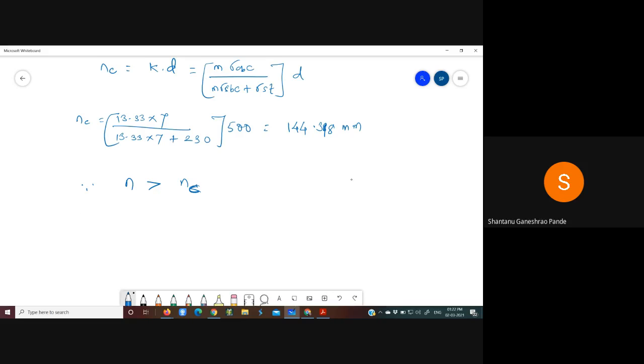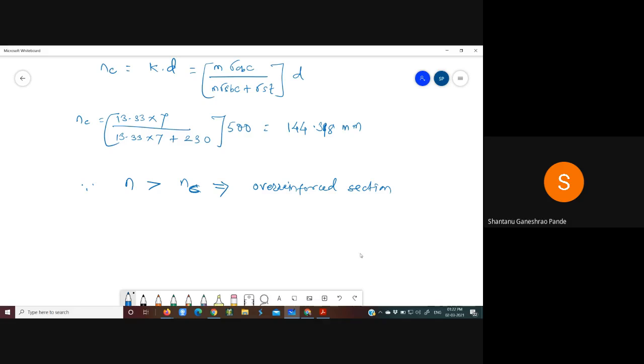Over reinforced. As the actual depth of neutral axis is greater than the critical neutral axis depth, this section appears to be over reinforced.